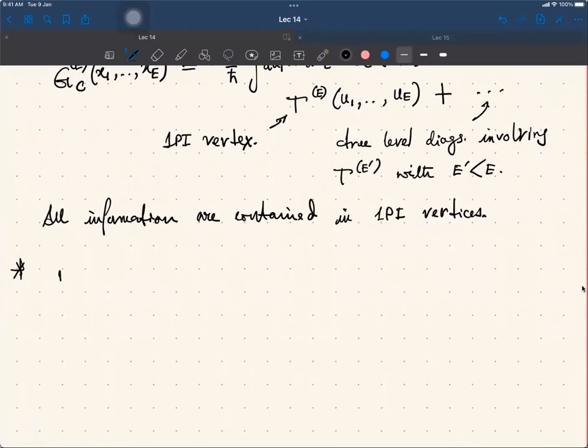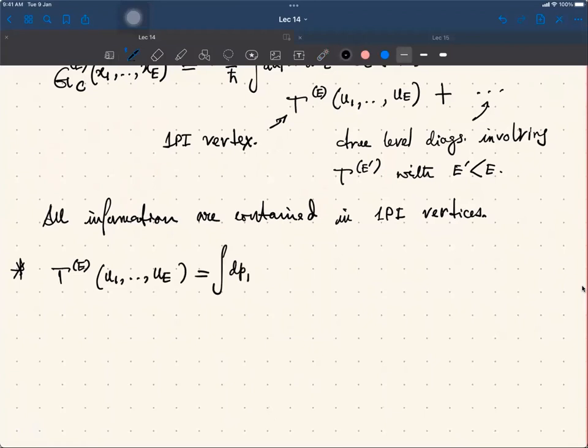So Gamma^E(p1 to pE), let me write it down that way. So this is position space.